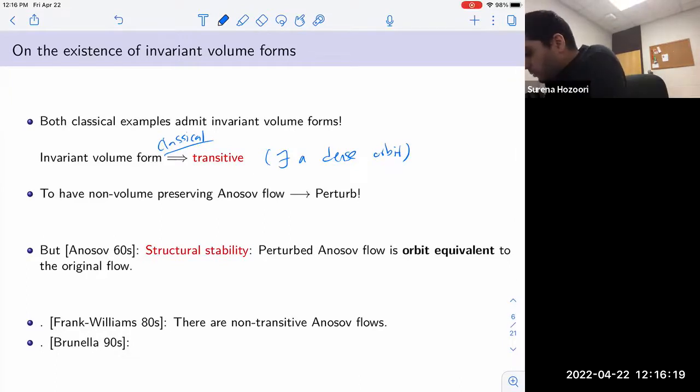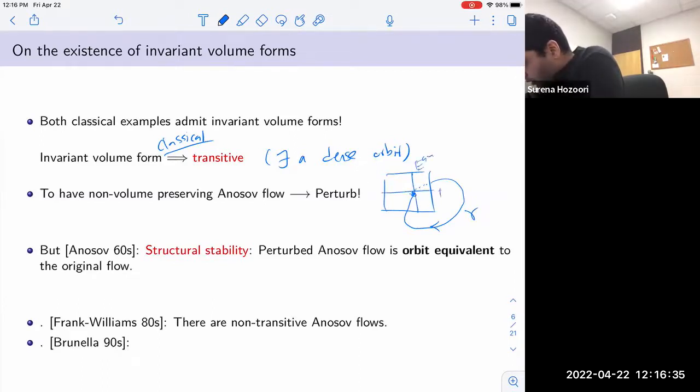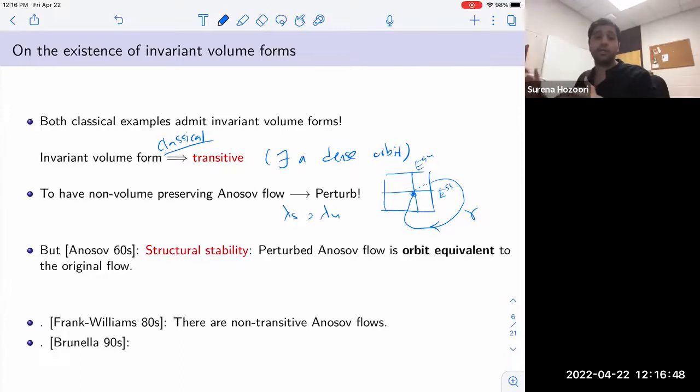So just take one periodic orbit of one of the two flows, let's say in the previous example. Let's say this is the periodic orbit, and look at the Poincare linear map. If you look at the Poincare linear map, let's say this is the tangent space here, the Poincare linear map would have two eigenvalues, one of them lambda s and the other one lambda u.